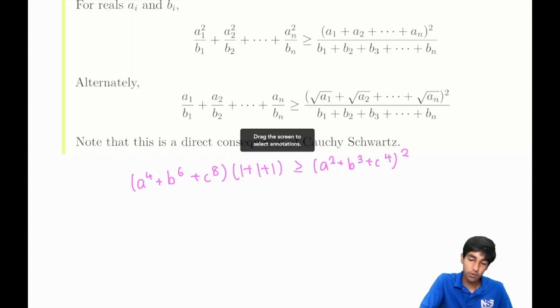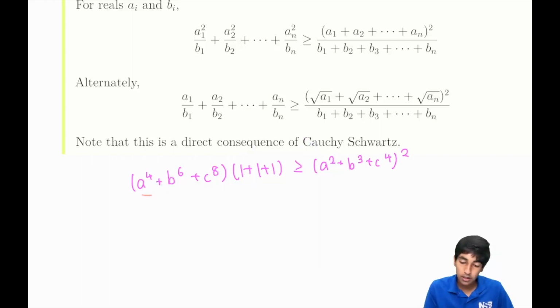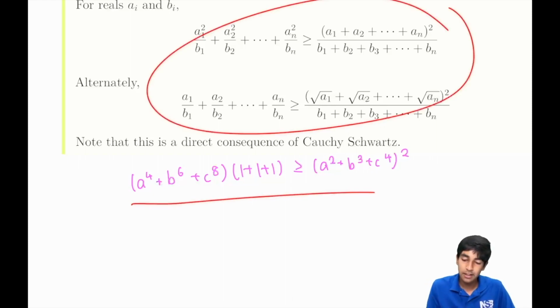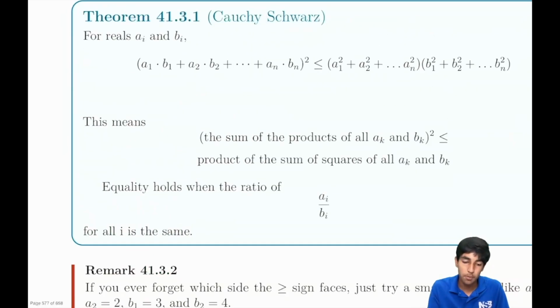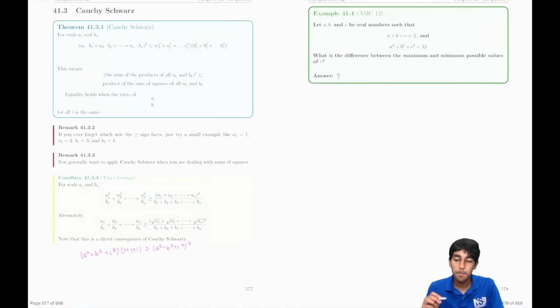Right? We just take the square root of this. And that's really all this is saying, in this fancy notation. We're just basically doing Cauchy-Schwarz, but we have 1 plus 1 plus 1 as our multiplier, rather than some other term that includes a's and b's.